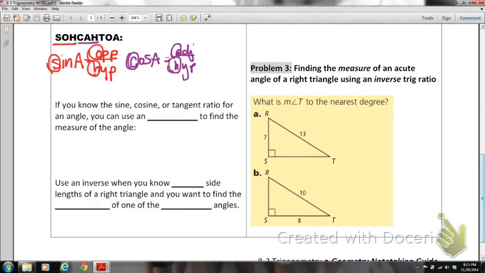And then finally, the tangent is the TOA part, and tangent is opposite over adjacent. That's the T, the O, and the A part of SOHCAHTOA. So that acronym will help you remember the correct order for the sides to get the right ratios for each of those.